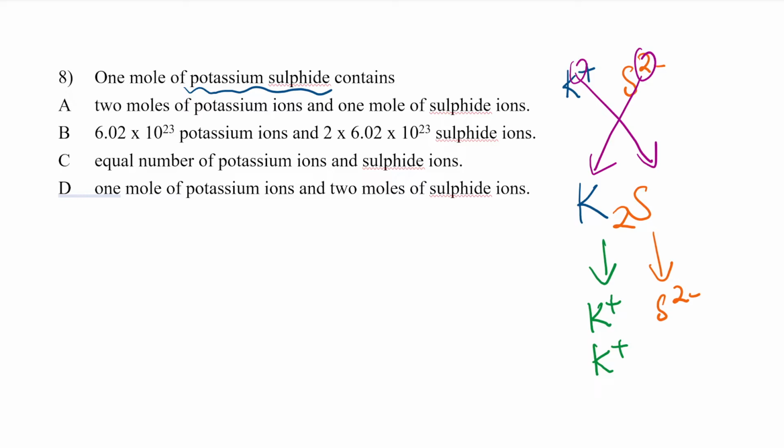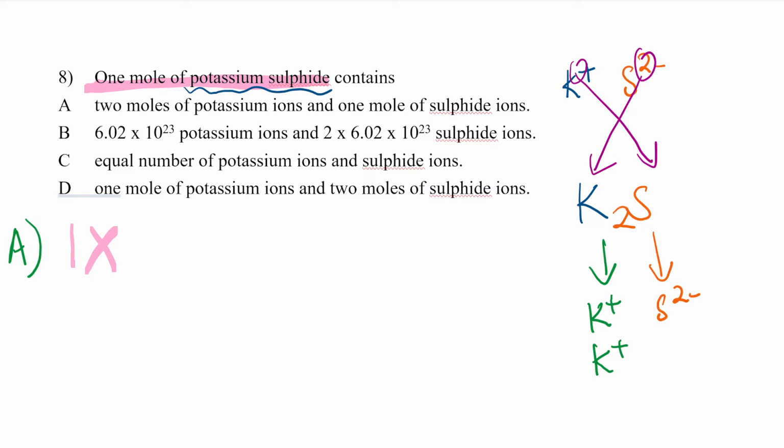All right, now let's look at our question. So originally I had 1 mole of potassium sulfide. Since it contains 2 moles of potassium ions, is that true? Let's see. So do I have 2 moles of potassium ion? Originally I had 1 times, and how many potassium ions do I have here?